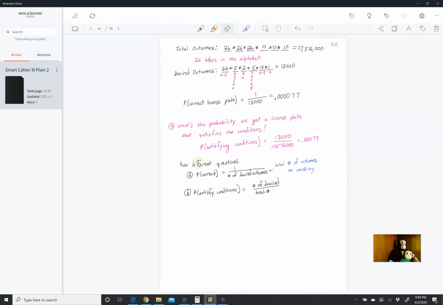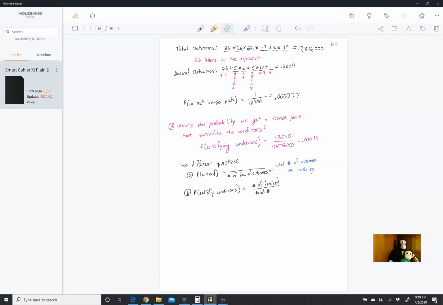One example of how we would use permutations and combinations with probability. And that's mainly permutations. Okay, we would say permutations because the order of the license plate matters. A license plate that starts with GNH is different than a license plate that starts with GHN.